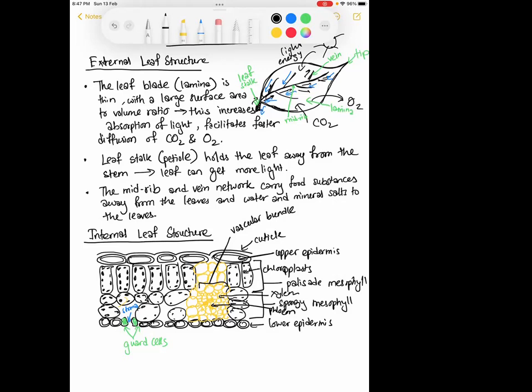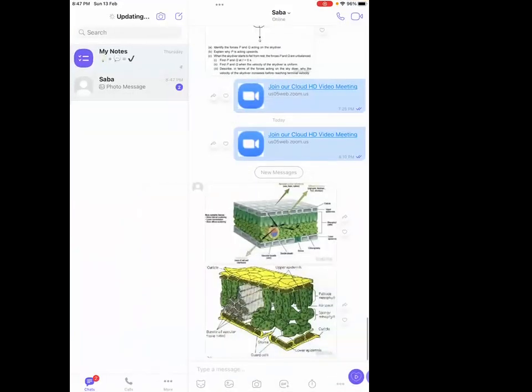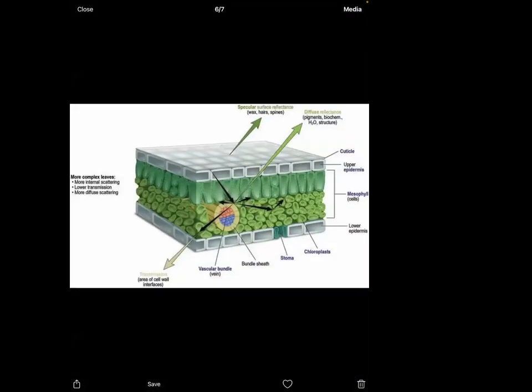I've collected two 3D drawings so that you can understand it better. I'm just going to show it here. If you look at this picture, it will give you a better idea of everything in a 3D structure. So we have this cuticle on top, and then the upper epidermis, then all the mesophyll cells.